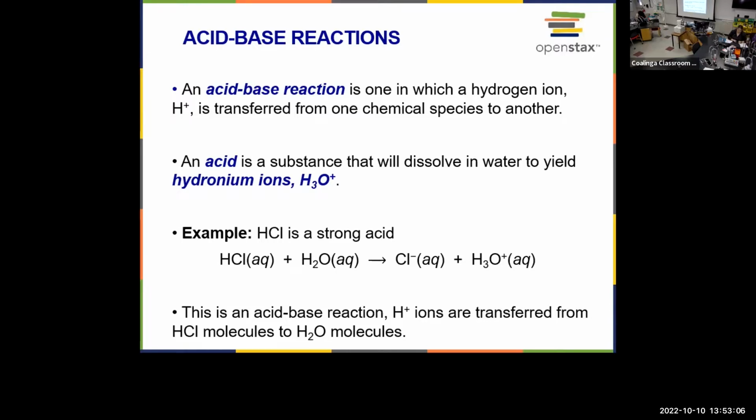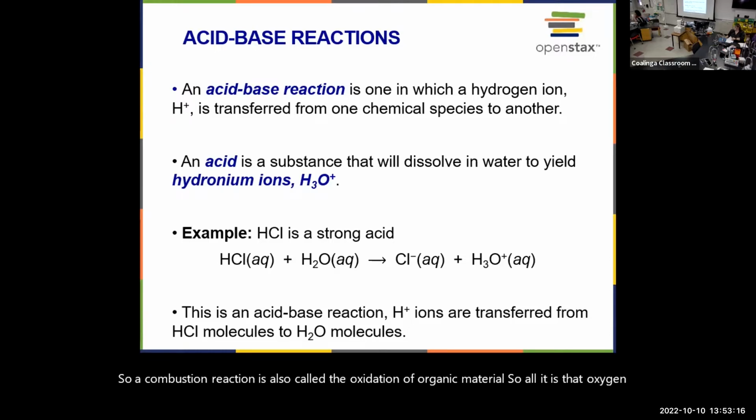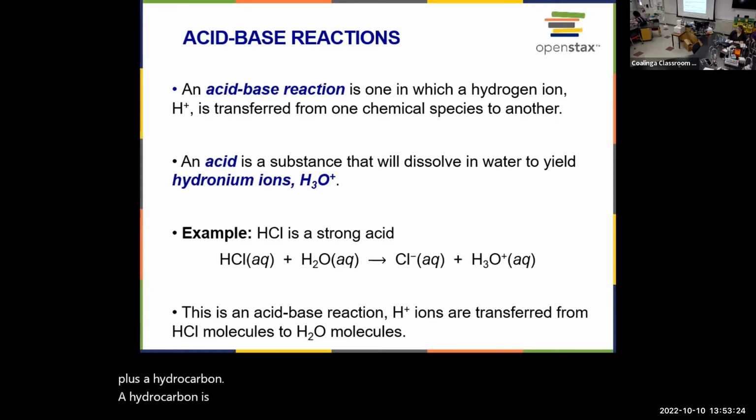The combustion reaction is actually the burning of organic material. So all it is, is oxygen plus the hydrocarbon. The hydrocarbon is just a compound that has hydrogen and carbon in it.